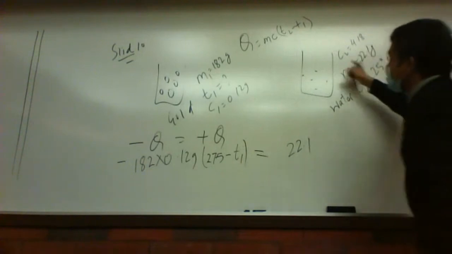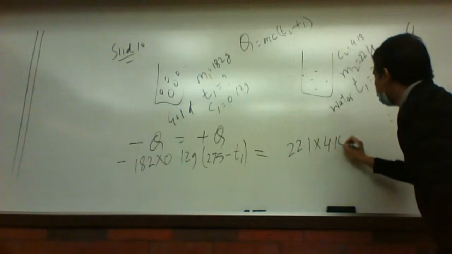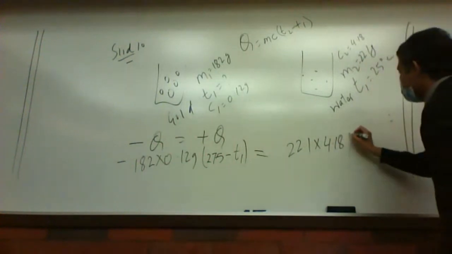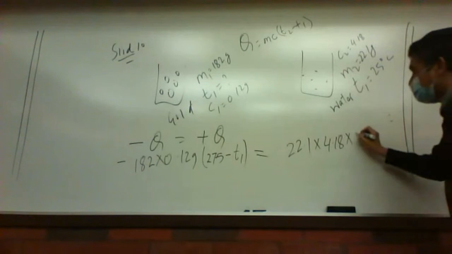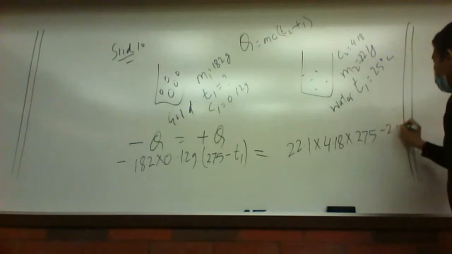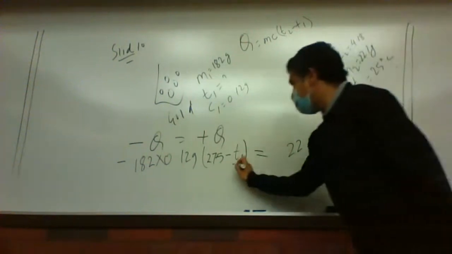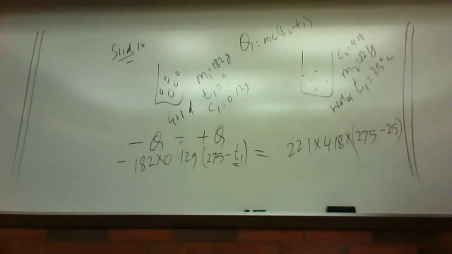That's M2. Now C for water is 4.18. And then T2 minus T1. So T2 was 27.5 after mixing, and T1 is 25. Now you have everything. So everything is here. Now you just need to calculate this T1, right?